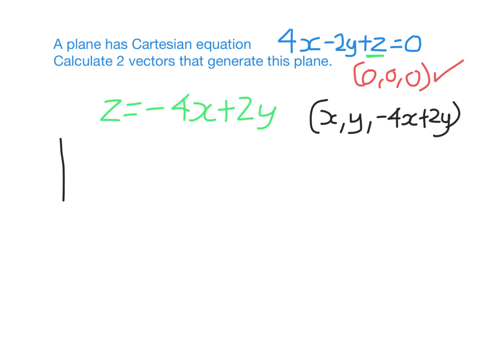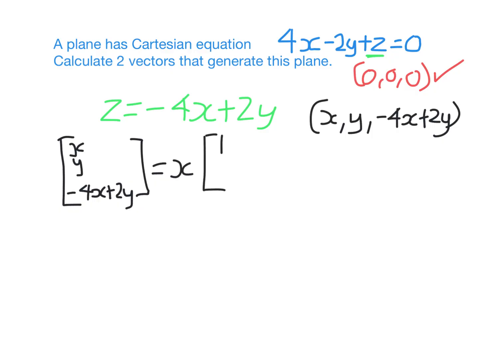So if we write this here as a vector, x, y, and -4x plus 2y, we can sort of split this up into components. We can write this as x multiplied, so I need to multiply by x to get the first term, no x in the second, and x is being multiplied by -4 in the third, and similarly for y, it will be 0, 1, 2.